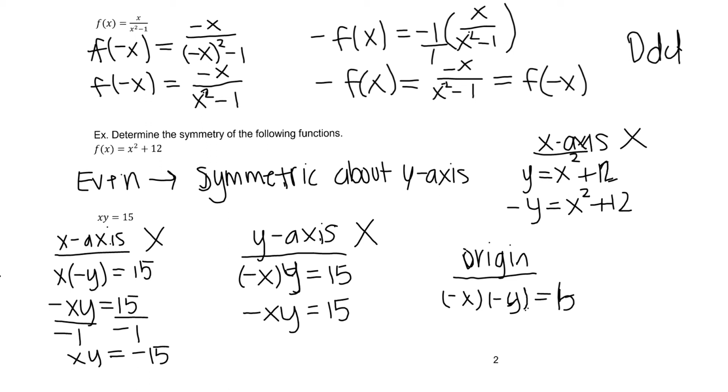So negative x times negative y is the same thing as xy, and then it's still equal to 15. And this is our original function. Our original function was xy equals 15, so it does have symmetry about the origin.